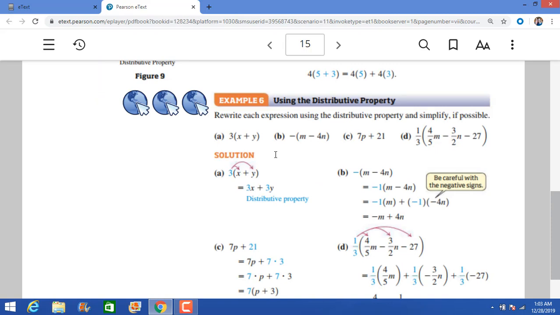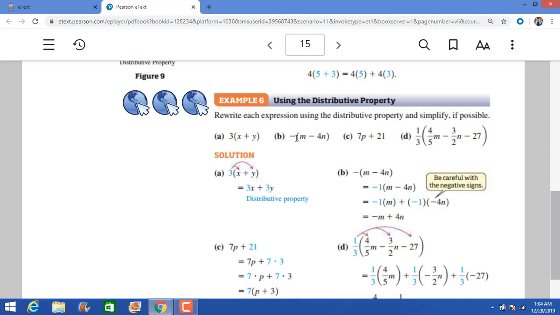Now, it says rewrite each expression using the distributive property and then simplify if possible. So here we're going to use the distributive property and write this as 3x plus 3y, and we're done. Can't be simplified any further. Here I'm going to use the distributive property to distribute the negative sign. Now this is like -1.